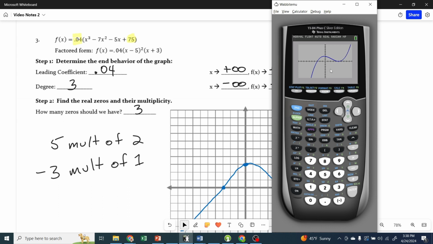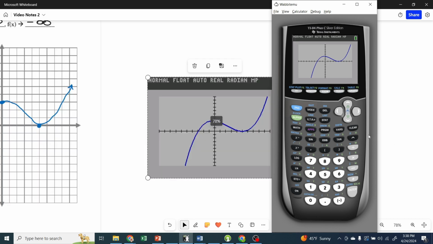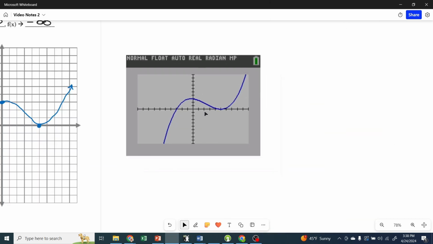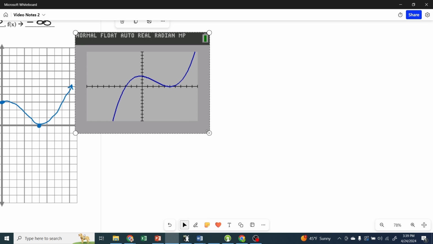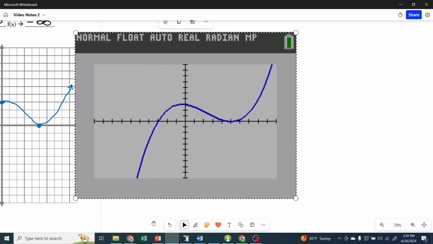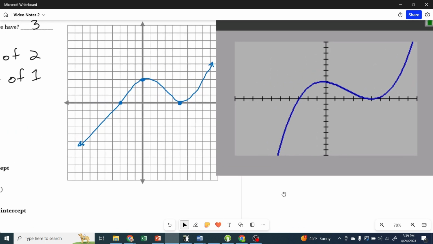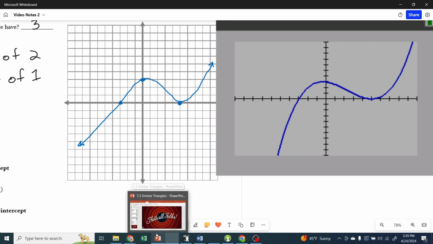I think my angle of approach is off a little bit, comparatively speaking, right? This should be coming down here more versus what we have with our graph on the right.